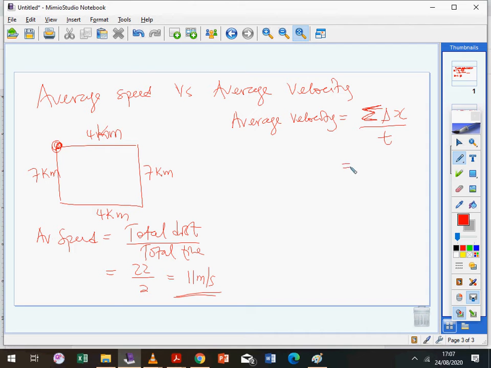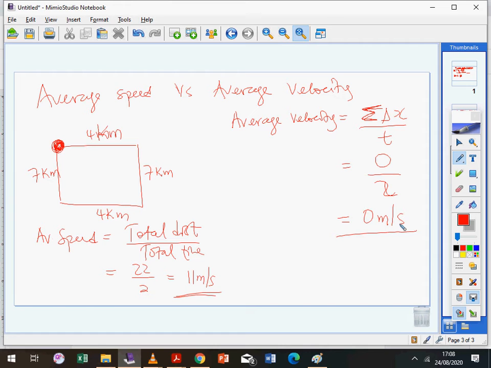And when you look at this guy, his total change in displacement, he started here and he ends up here. His change in displacement is 0. And the time, it doesn't matter whether it's 2 hours or 50, but his average velocity is going to be 0 meters per second. So that's kind of an interesting difference between average speed and average velocity.